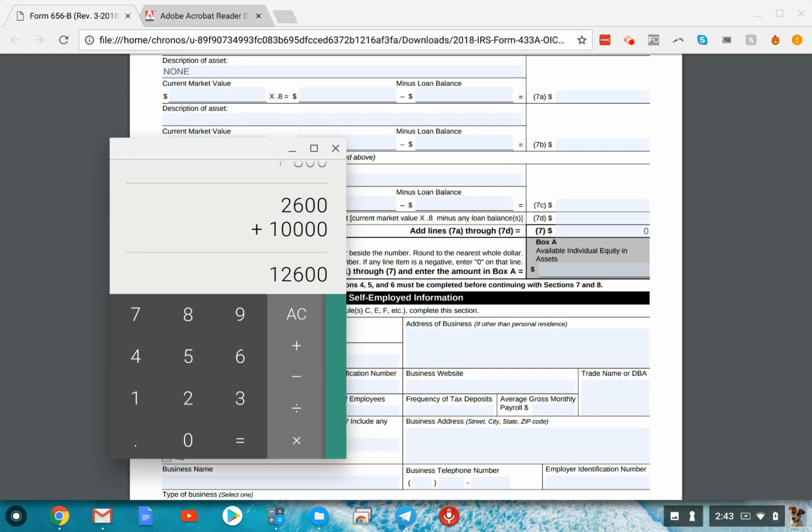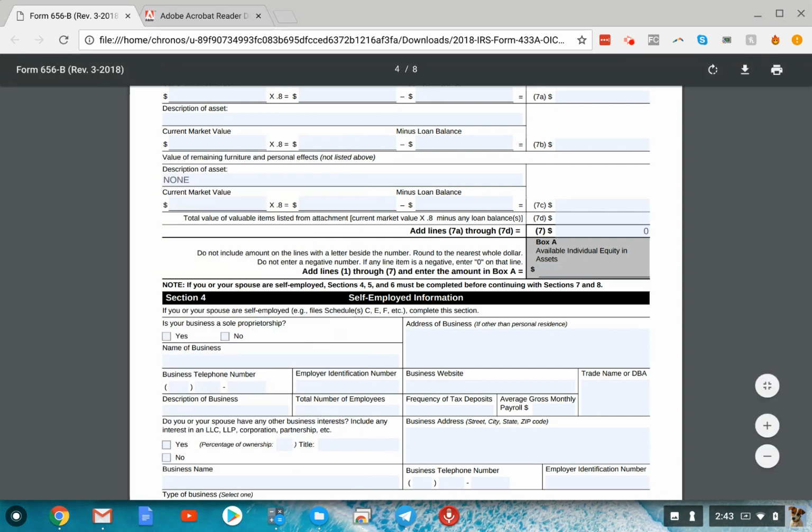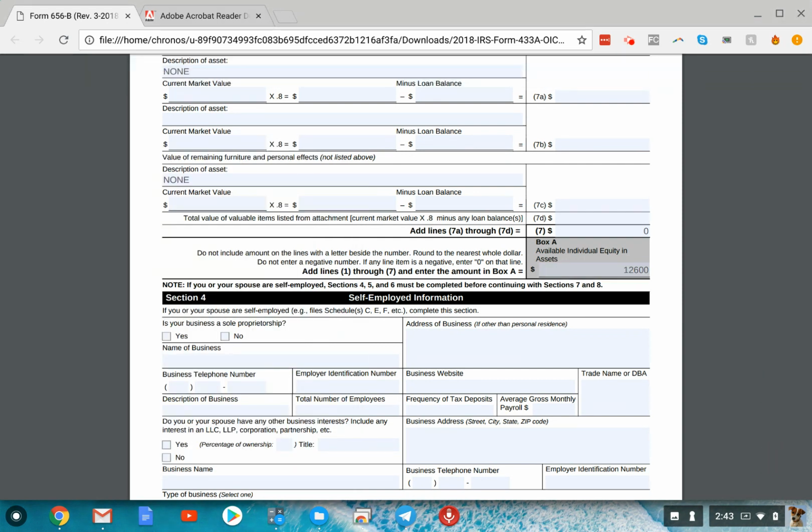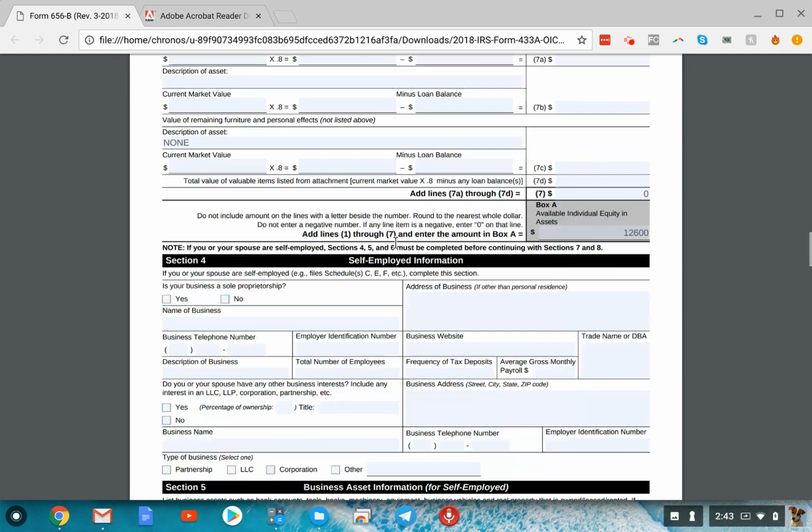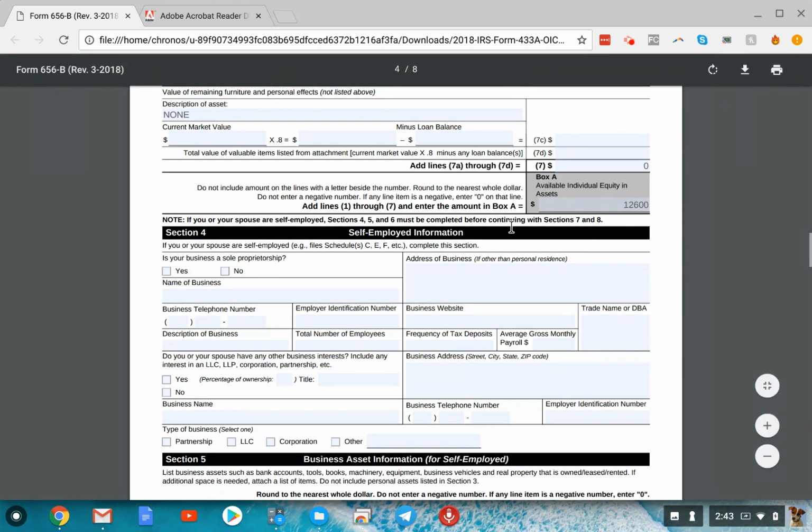So the equity here is 12,600. That's the equity in assets. So if you owed $5,000, you're probably not going to get a settlement. There are some exceptions to that we'll go over in a little bit.